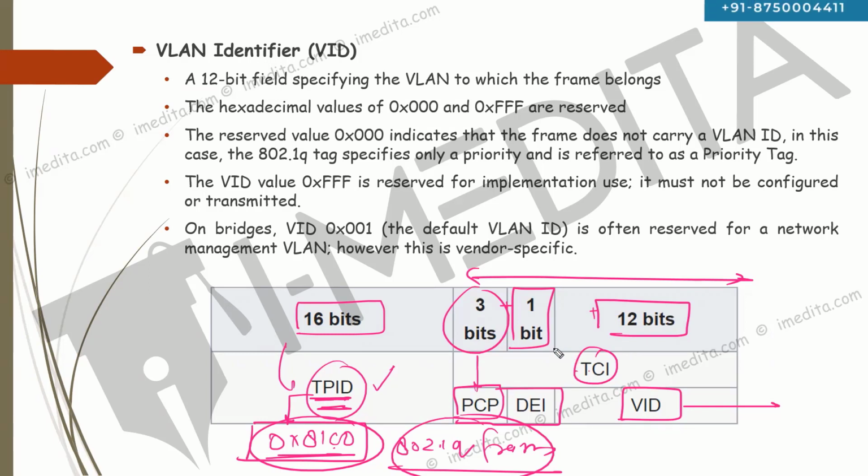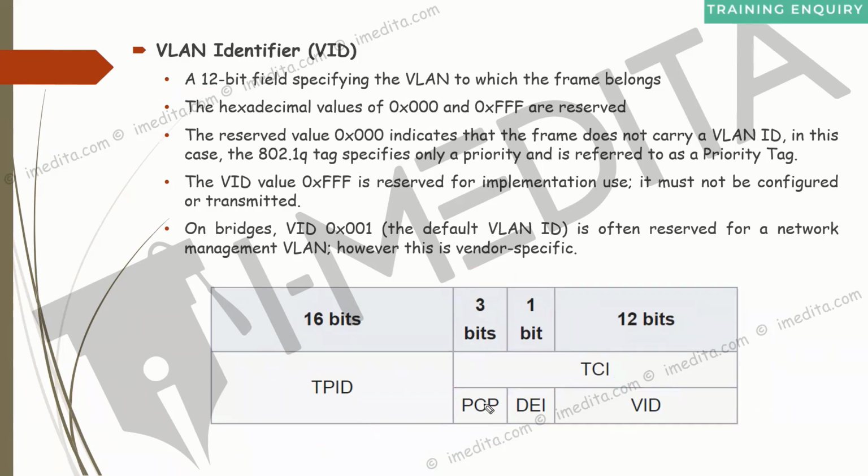In these last 16 bits, we have the 3-bit PCP field, the 1-bit DEI field, and the VID. PCP stands for priority code point, DEI stands for drop eligibility indicator, and VID stands for VLAN ID. These are used more for quality of service, especially the PCP field, which is used to perform marking at layer 2.